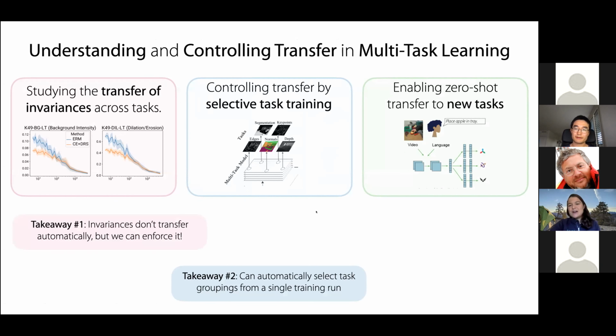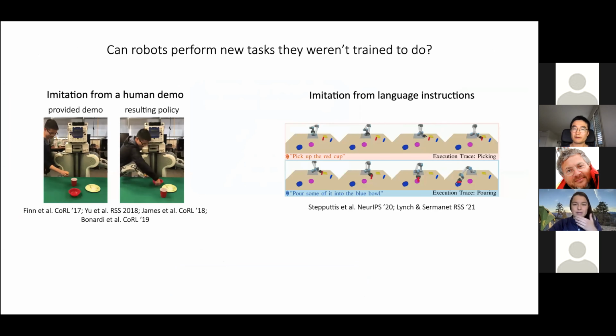Now, the last thing I'd like to talk about is ultimately transferring to new tasks. So far I've talked about controlling transfer when you're given a set of tasks and want to do well in that set of tasks. However, in many situations, we don't anticipate all of the tasks that we might want our system to be able to do. We'd like to be able to do new tasks that they weren't explicitly trained to do.